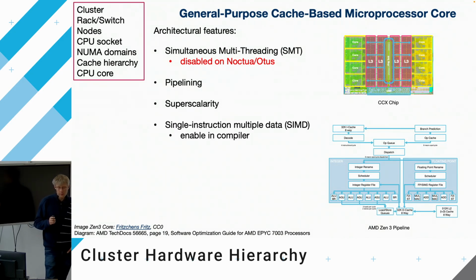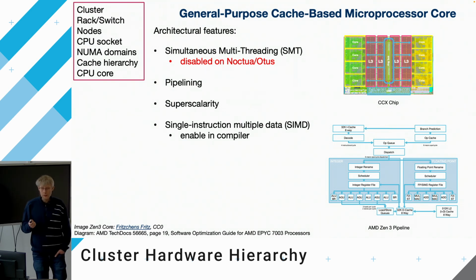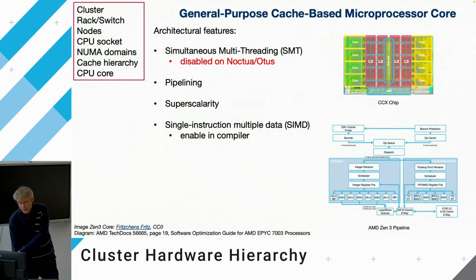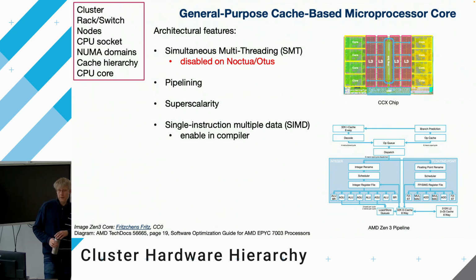And then we have a very important optimization, which is single instruction, multiple data. This is something that you have to enable in the compiler, so the compiler has to know that it's allowed to use this optimization. This means that you can execute instructions on multiple data values. So you put multiple values in a vector, and then do the same instruction on multiple values in the vector.